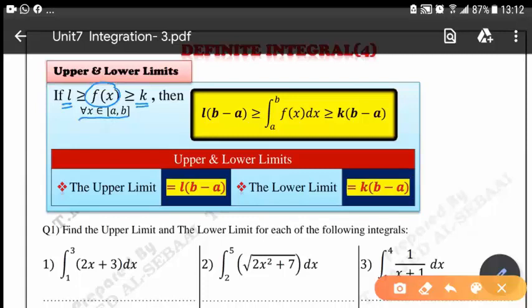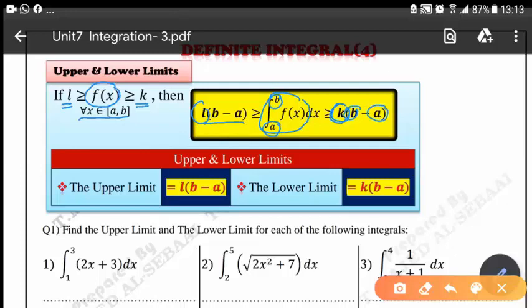That means the integration of the function is not between L and K only. And this is the difference between this and that. The integration of the function is bounded or limited between L multiplied by (b minus a) and K (b minus a).